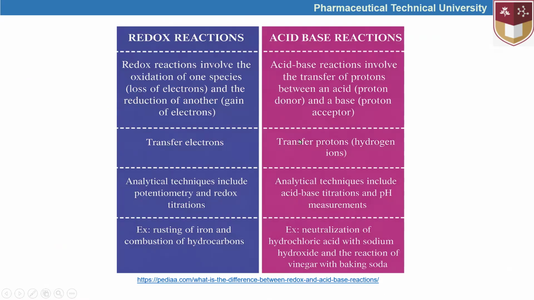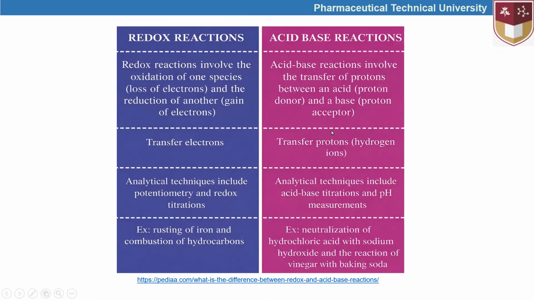A few more differences can be linked with the transfer of electrons in redox reactions, as we saw in iron +2 to iron +3, which is releasing one electron. And acid-base reactions are about the transfer of protons.